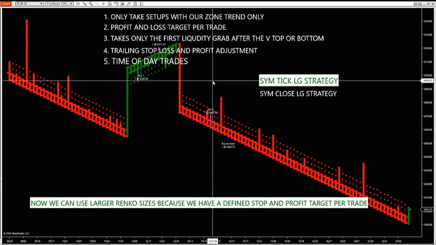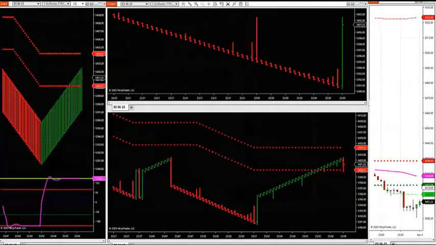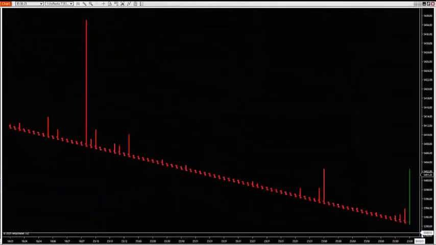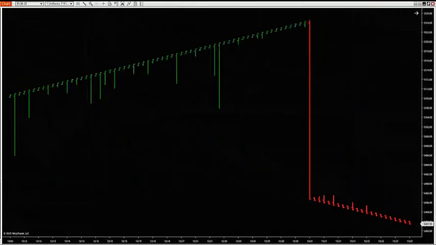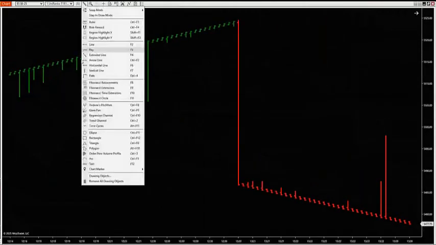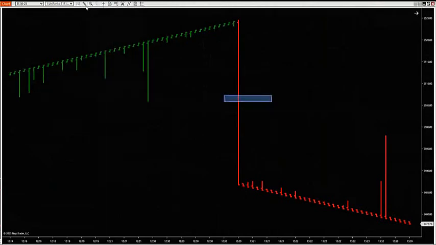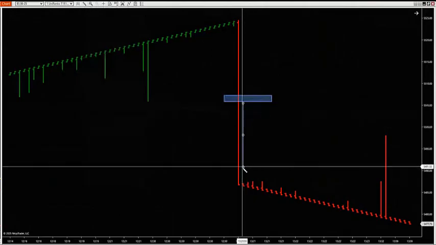What I recognized on these big liquidity grabs is that we can find when these big trades happen like this, on these big turning points, where we can get involved right in the middle of that move and take the first liquidity grab on this big punch down.